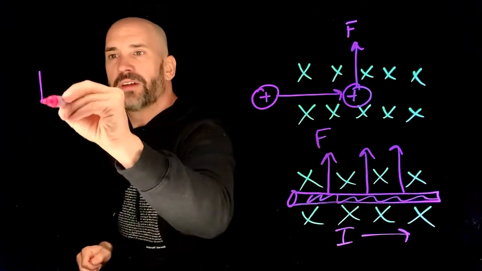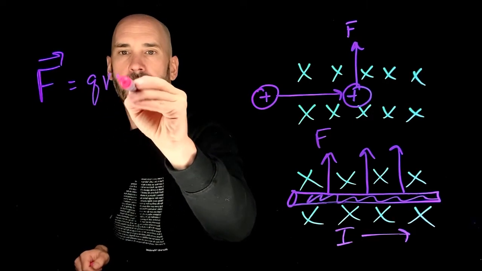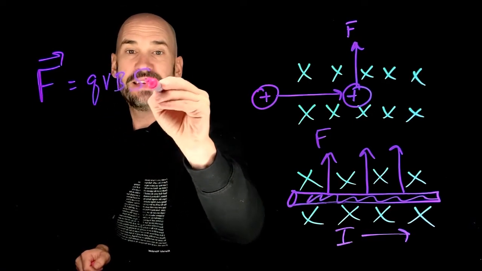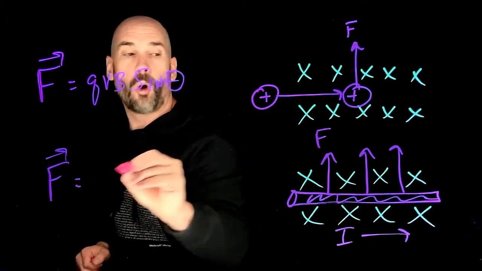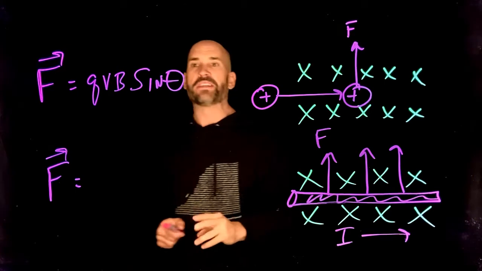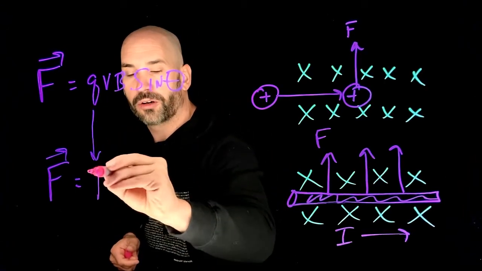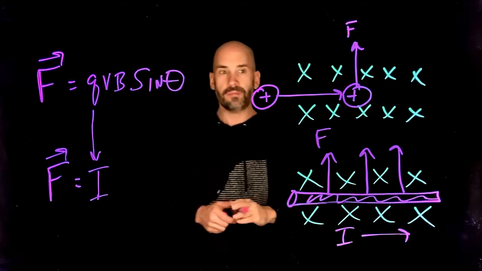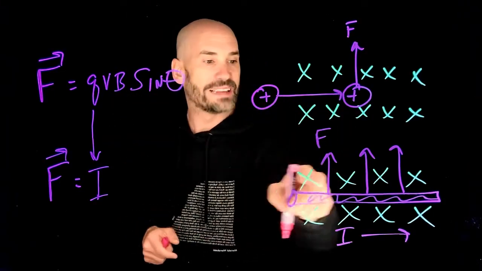So if the force before on a single particle was qvB sine theta, we need to convert this equation for a whole current. Instead of one single charge, you have a whole current, and instead of one little velocity, you have a whole length.